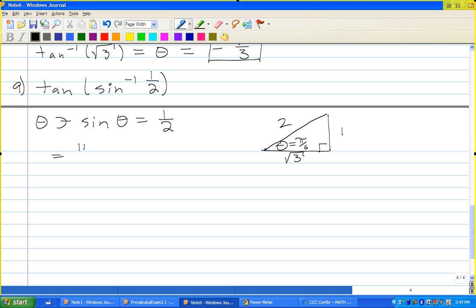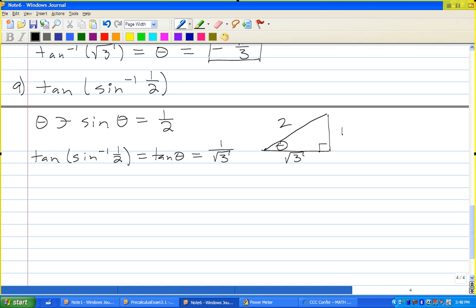So tangent of sine inverse of 1/2 is the same as tangent of theta, but tangent of theta is opposite over adjacent.